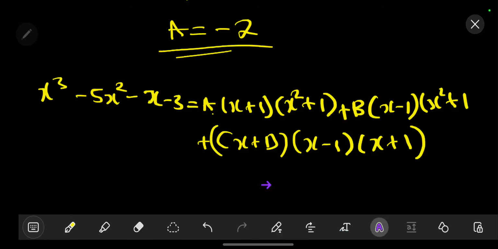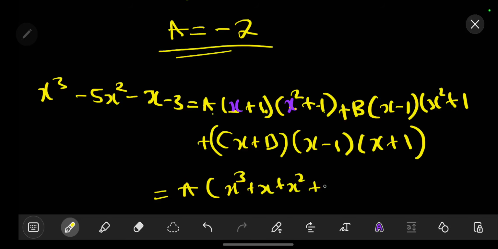So just to help you expand this and this, you are going to have something like this. We have a, then we have x times x, it will be x to the power 3. This times this, it will be plus x. Then this times this, it will be x squared. This times this, it will be plus 1. Then we have plus, then here, this times this, first outside we have a b.